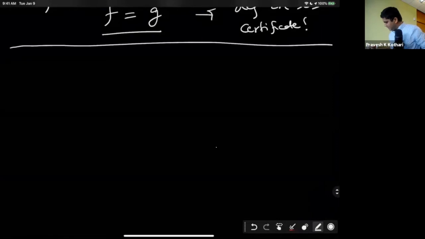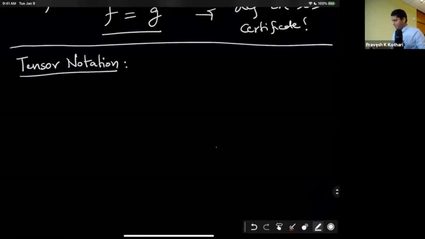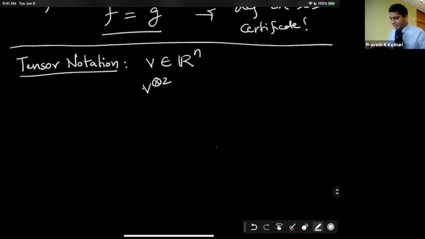Okay. So first, I just want to remind you of a piece of notation which is going to make my life very simple. It's a tensor notation. So if you have a vector v in R^n, then v tensor 2 is a vector in R^(n²). You can think of the coordinates of v tensor 2 as indexed by all possible ordered pairs of coordinates of v.